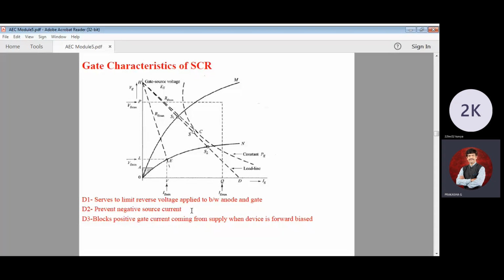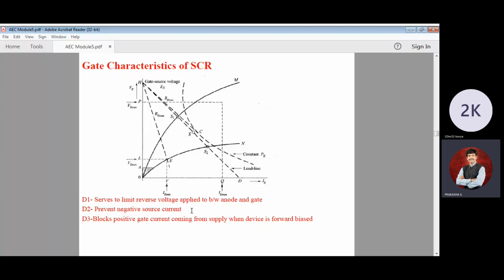Because depending on the R value, my current and voltages keep changing over there. In the previous case, this is what I have given. So this is R changing. This is EG. So R maximum, R minimum you should also know.